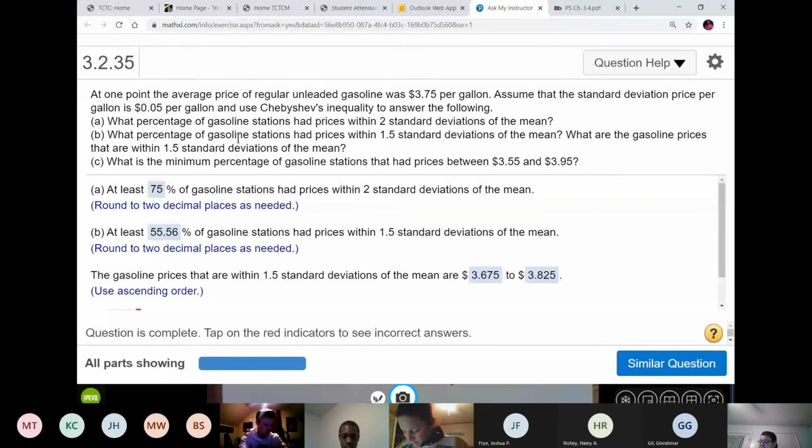What is 3.55 minus 3.75 divided by 0.05? I'm okay as long as I find my error. It should be around 4 or negative 4.